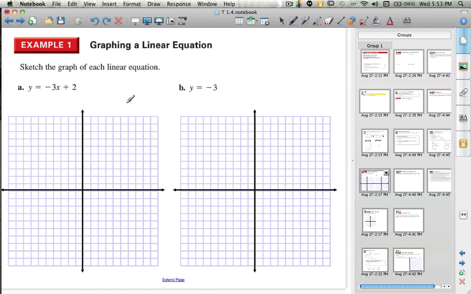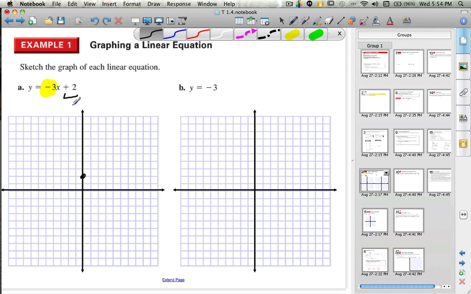So if we want to graph a linear equation when we're in slope-intercept form, typically what we want to do is find the y-intercept and place it on the graph, 1, 2, right there. And then I would move by slope, in this case -3, so I have a negative slope.